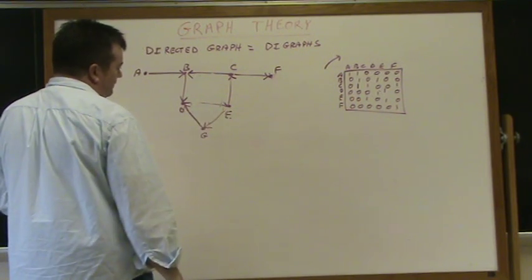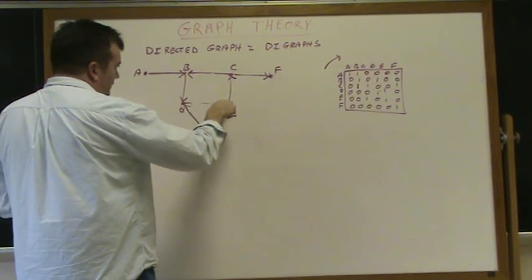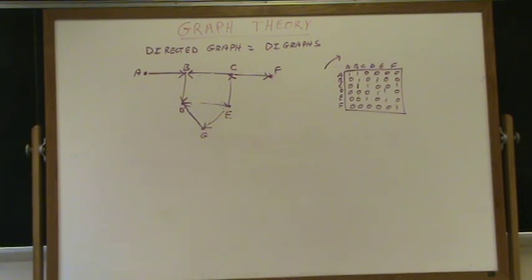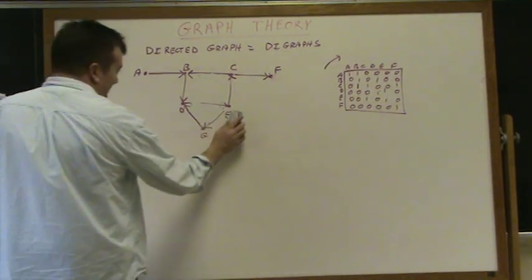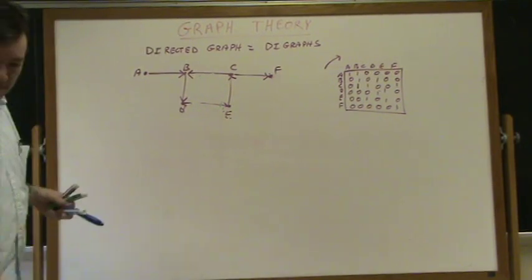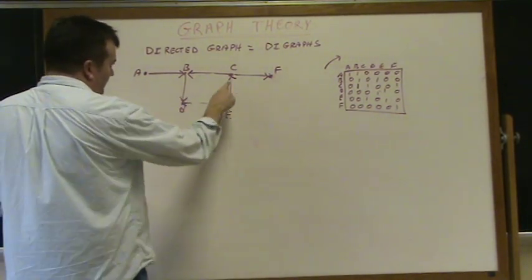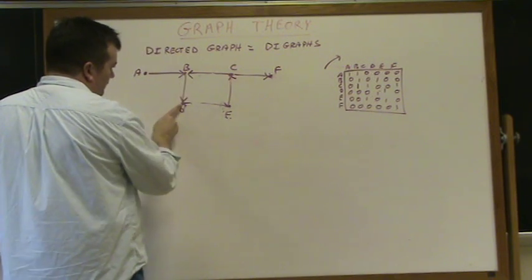Yeah, this one's going this way, but again, it doesn't work. Let me do this then. Going this way, we could have just 2 cycles, I guess.